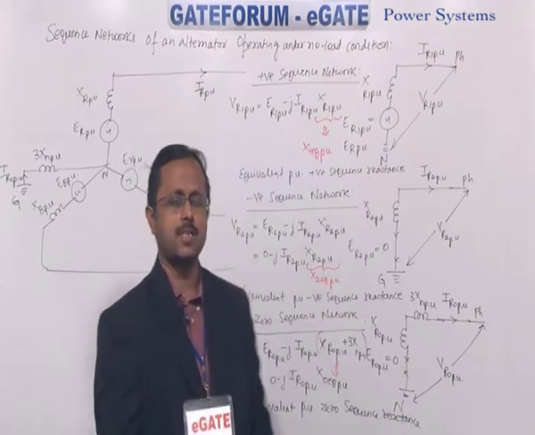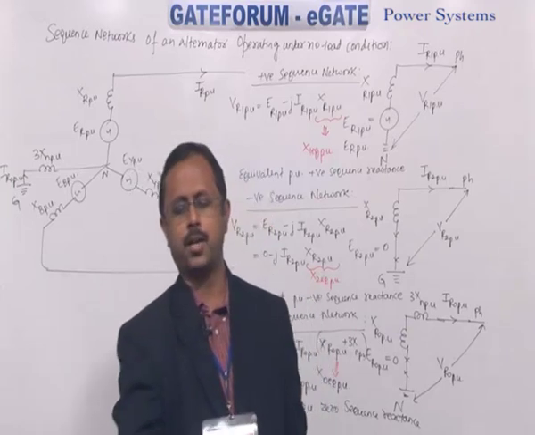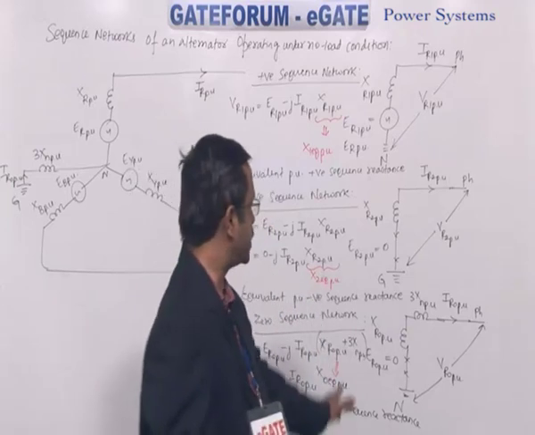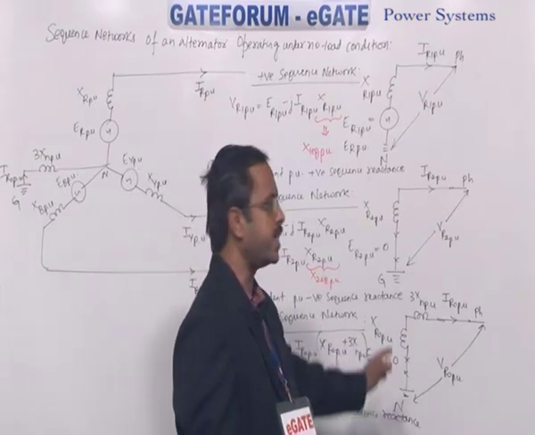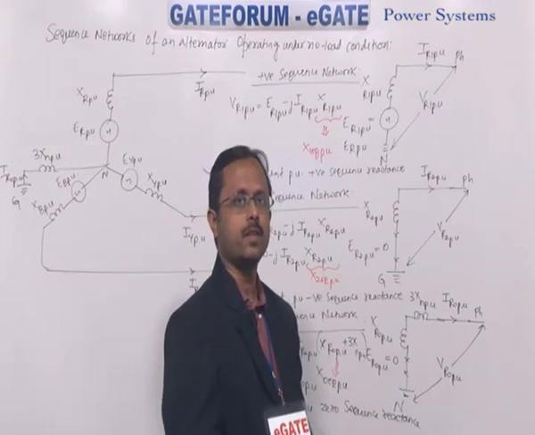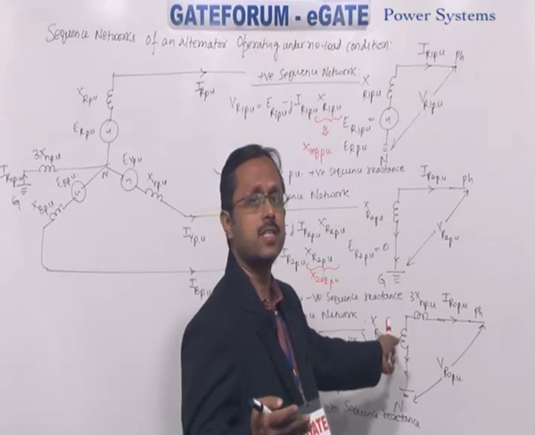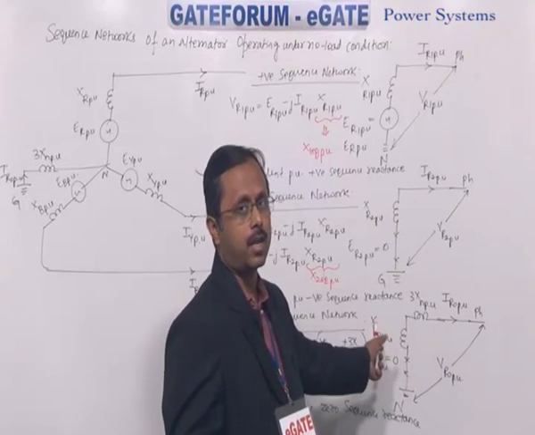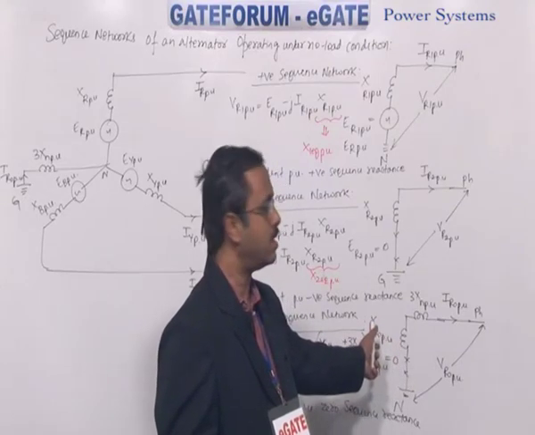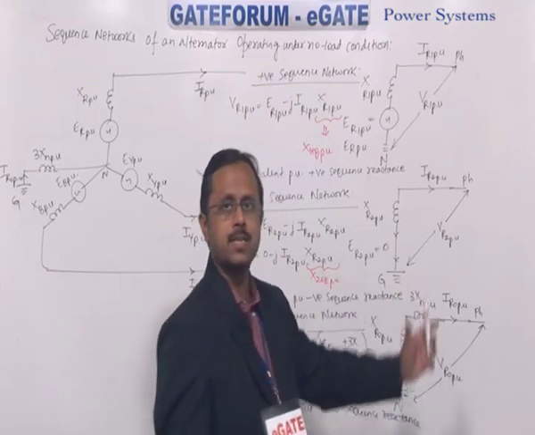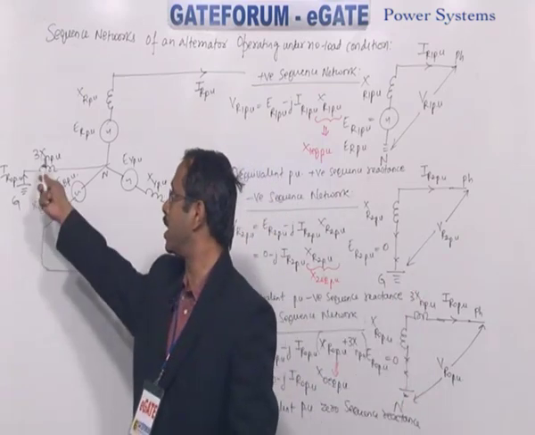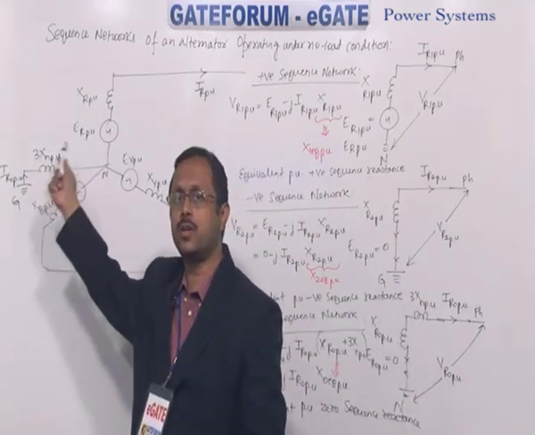This formula of X naught equivalent is the most important place. How much is it? XR naught plus 3XN. XR naught is the zero sequence reactance of the alternator of R phase. 3XN is the ground neutral connected by reactance neutral.